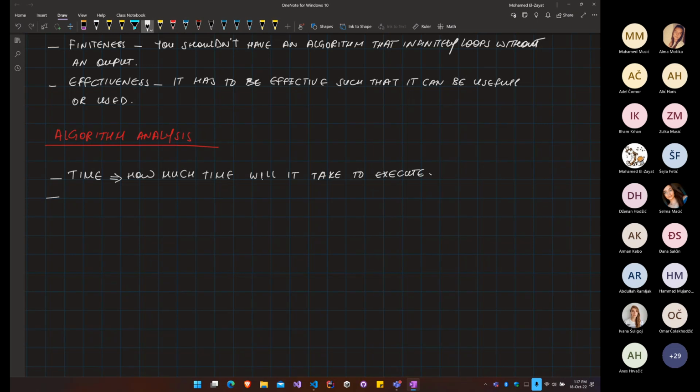And the second thing is you should always have a budget of some sort. A budget meaning not the money budget, but, when we are talking about time, a time budget. For example, game developers: if we would like to run a game at 30 frames per second, then we have a time budget of, what, 16 milliseconds per frame?